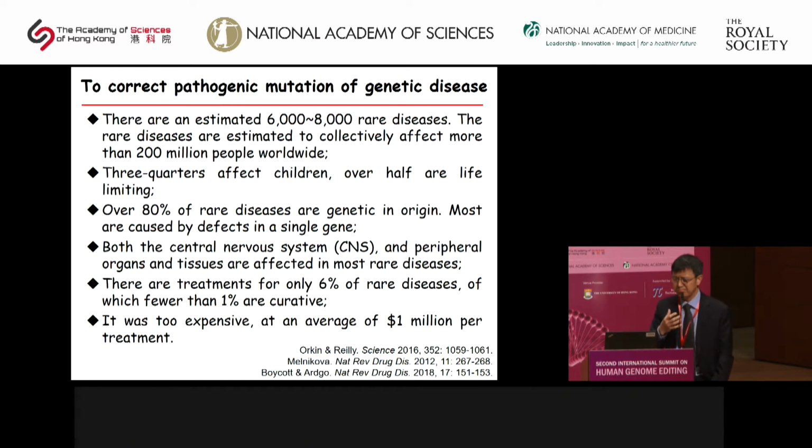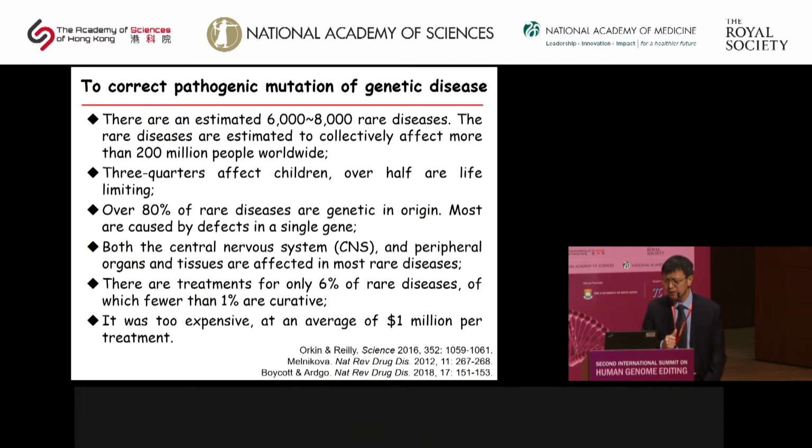There are an estimated 6,000 to 8,000 rare diseases, and rare diseases are estimated to collectively affect more than 200 million people worldwide, and 3/4 affect children, and over half are life-limiting, and over 80% of rare diseases are genetic in origin. Most are caused by defects in a single gene.